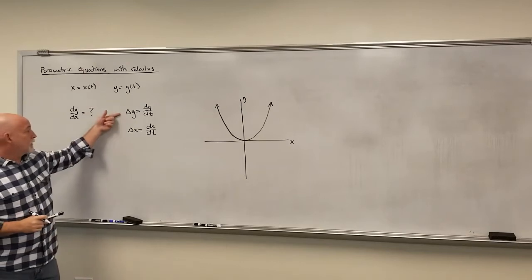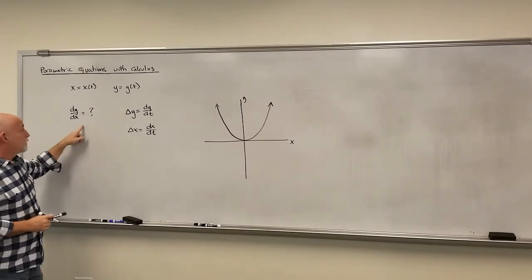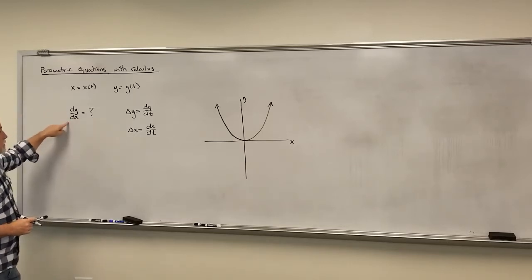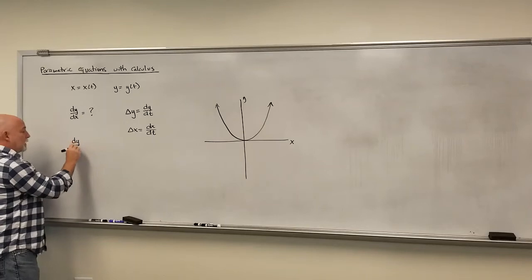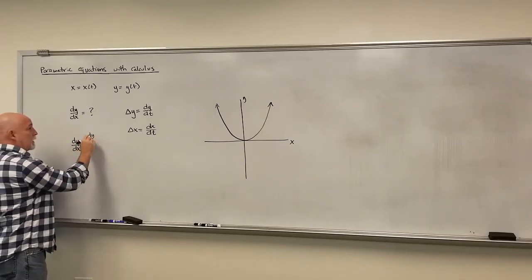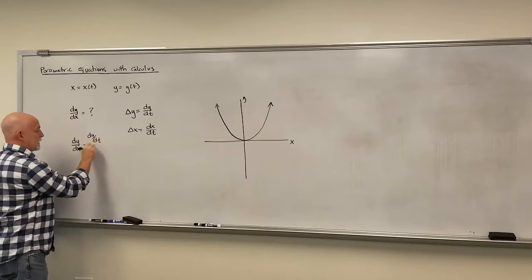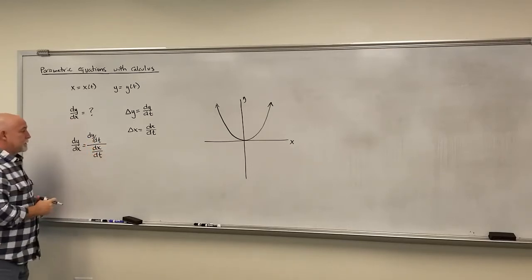So this is going to tell us how much y changes and how much x changes. So if we're looking for the change in y over the change in x, now this is in the infinitesimal case, we'd have dy/dx is equal to the change in y, dy/dt, over dx/dt.